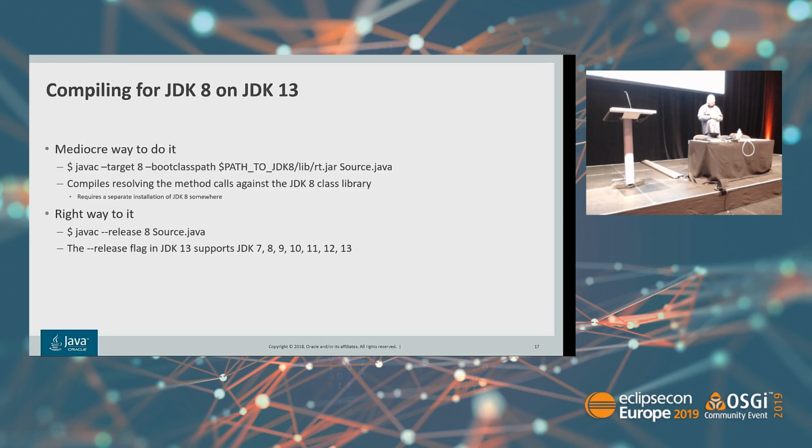So it's not ideal. Since Java 9, there is a new release flag in javac that basically means javac brings along knowledge about APIs of previous releases from 7 till 13, and so you don't have to install separate JDKs to get the same effect. If you say javac release 8, it will compile for 8 with the right APIs, and that will just work.